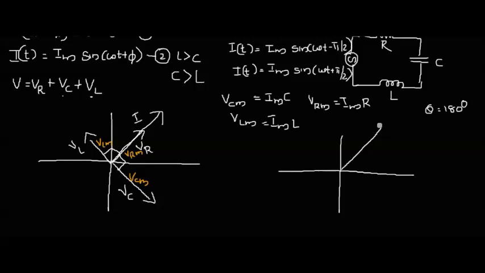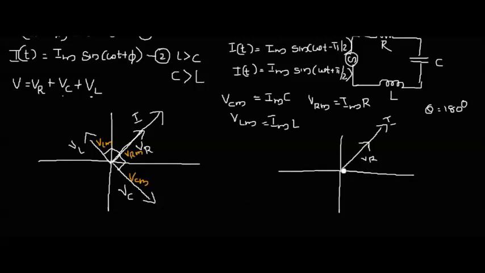This is the current. The current is greater than the individual voltages because the current is the total current and the voltages are the individual voltages. Okay, this is VL. Sorry, I am drawing the resultant here. Okay, so this is VR, this is I, and I am adding these 2 vectors.